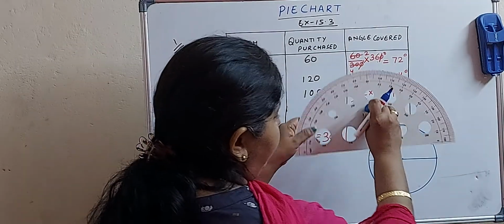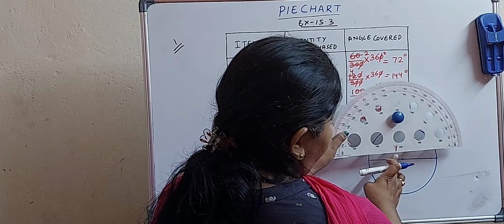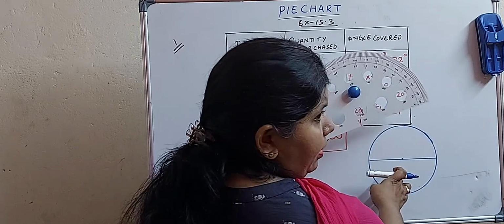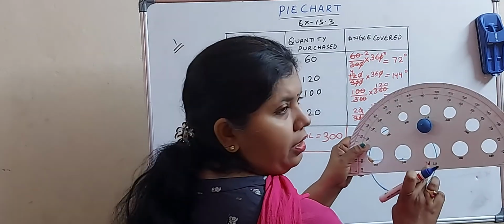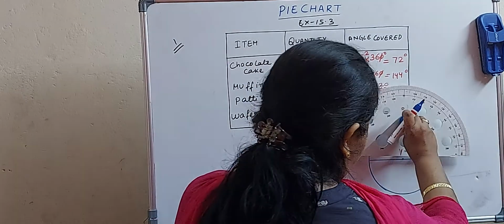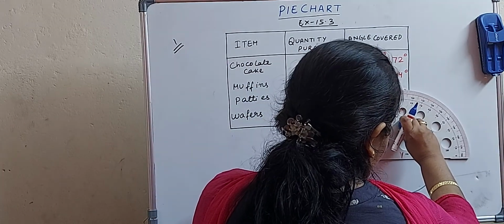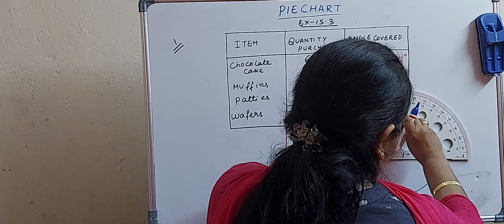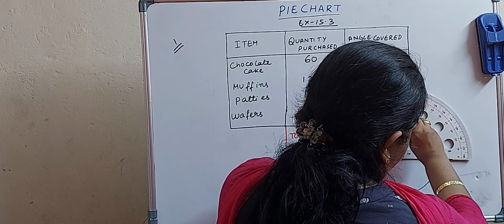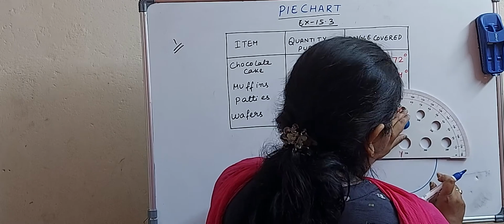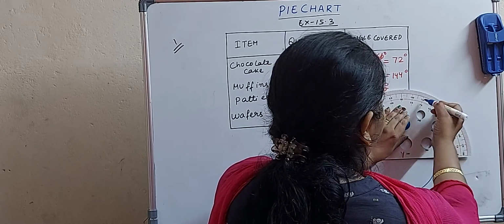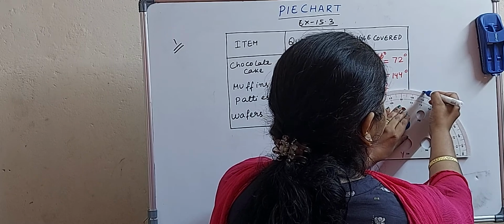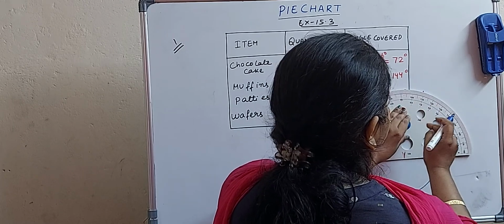Now we will keep the baseline on this diameter and the pointer on the center. We fix the protractor in this way, and you check where 72 degrees is. It is coming around here.